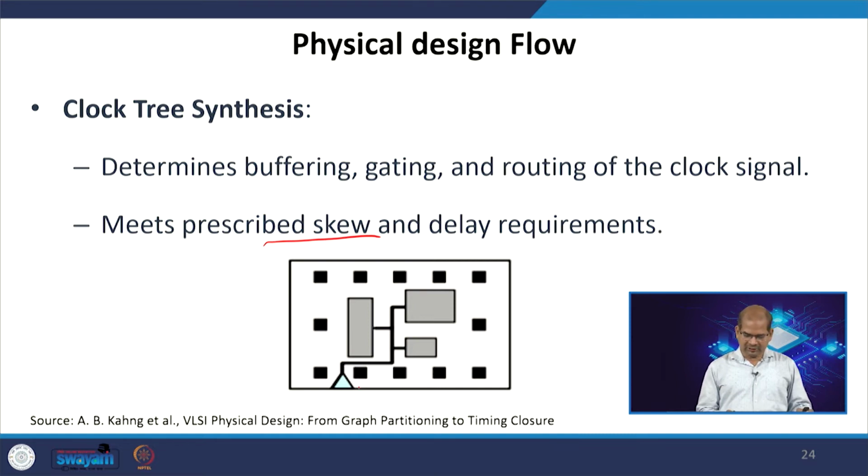The clock comes onto the chip from this side and goes to different units. Ideally, it reaches all the units at the same time, but because of different interconnect distances from the source to the sink, it reaches at different times. However, there are some advanced clock tree synthesis techniques. If you use those techniques, the clock will reach all the points at the same time.